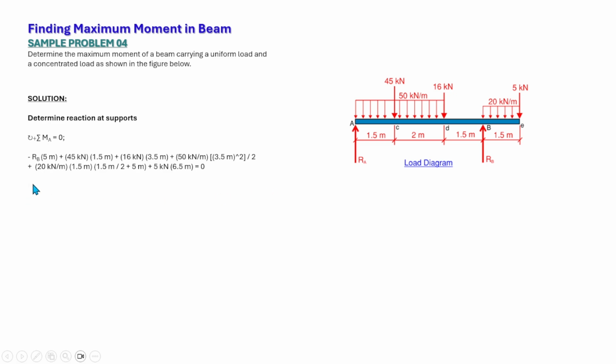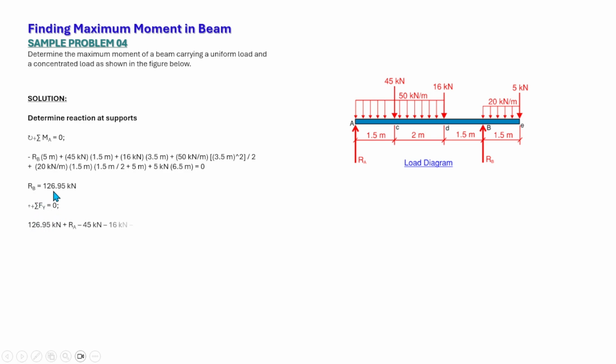So to calculate RB, it's equal to 126.95 kilonewtons. And that is the reaction at point B. So for the reaction at point A, summing forces along Y positive is equal to 0.